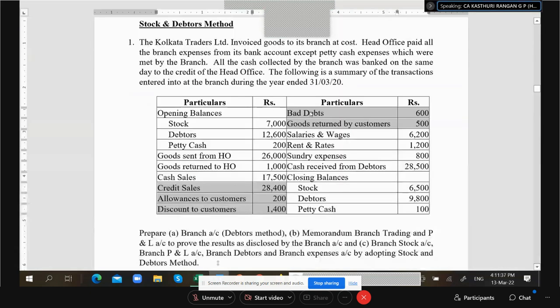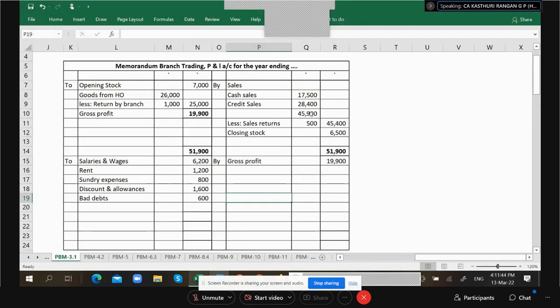See, discount is 1,400 and allowance is 200, total 1,600. So all expenses are recorded. Now you should get the net profit.